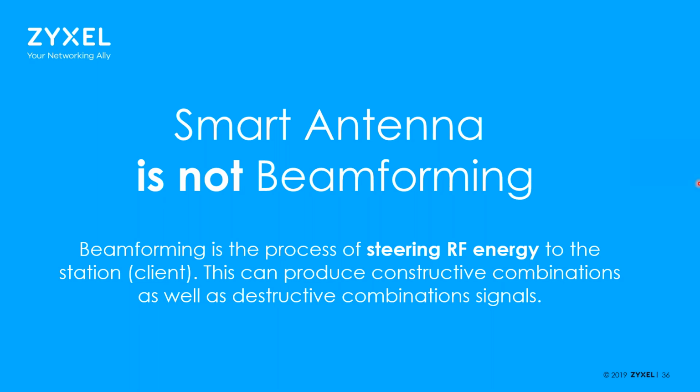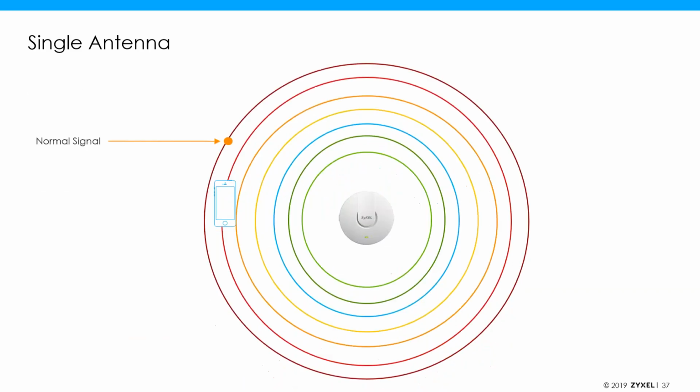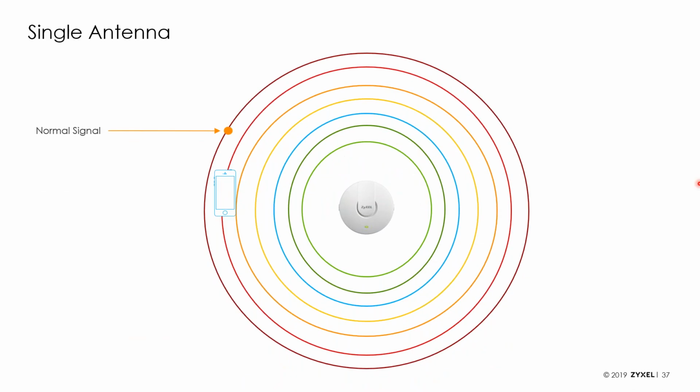Beamforming is a technique to steer RF energy, so radio waves from an AP, and it works the following way. So if we have an access point with an omnidirectional antenna pattern, like we have in this picture, and the colored circles represent signal waves, so basically we create waves. Like you would drop a pebble into water, it creates a round wave.